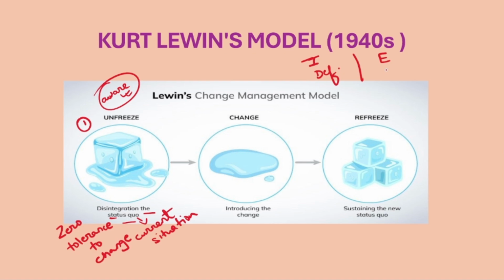This was done through these three stages only: unfreezing, change, and then refreeze. First, the teachers were made aware about the advantages. Then training was provided. Proper support was provided by the organization, and then that change was made permanent.